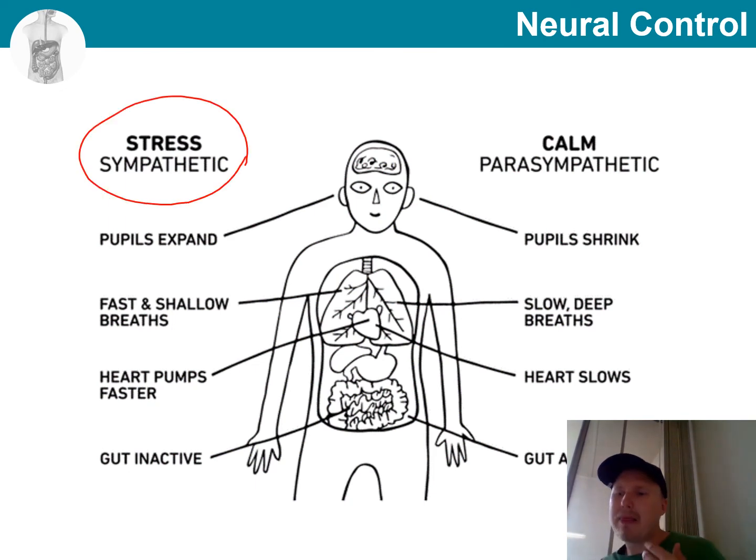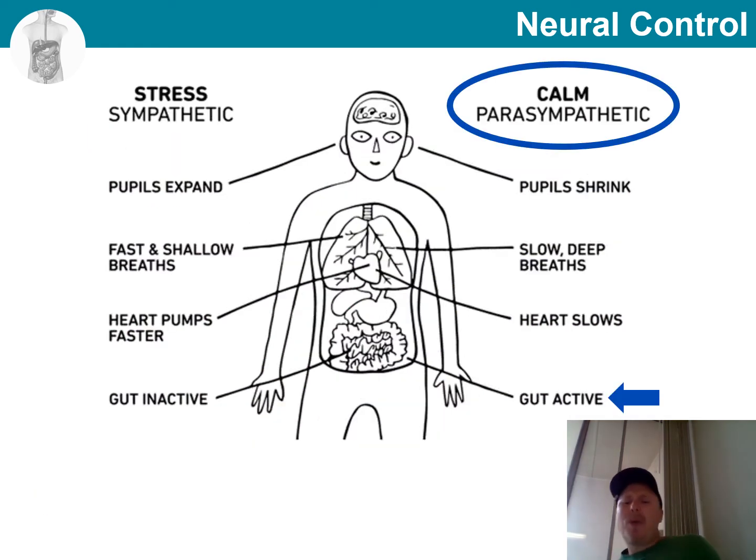So when this branch is active, the activity levels of digestion would go down. We are not concerned about digesting food. We are concerned about staying alive. In this case, digestion is not essential for immediate survival. So what drives the digestive system to function is going to be the parasympathetic branch, right?